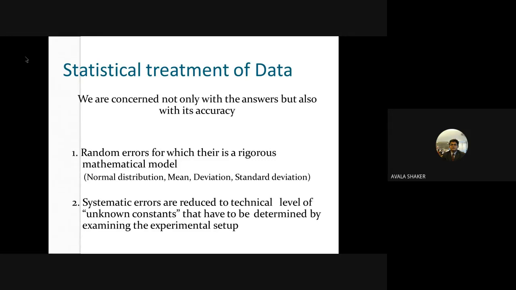You can investigate and see whether there is some systematic error in that. Okay, so systematic errors have to be eliminated. So there's no statistical way you can determine it. But random errors, yes, since they are random in nature, we can have different statistical tools to estimate them.